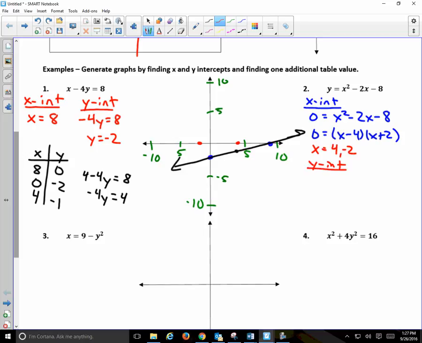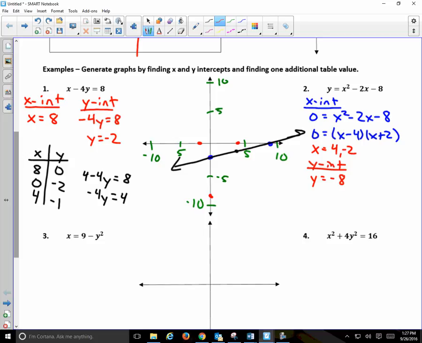Find the y-intercept. What? X is equal to 0. Yep, isn't that nice? Everything goes away except for the constant on the end because it has no variable attached to it.